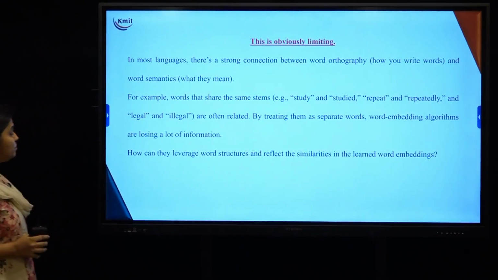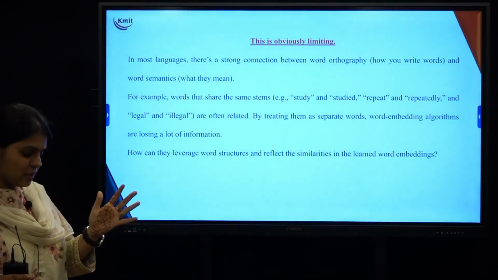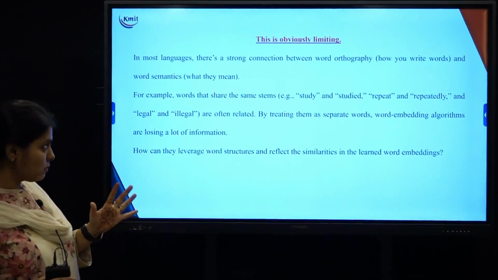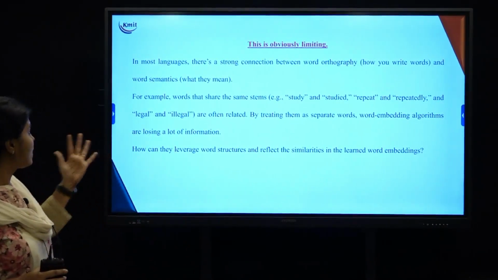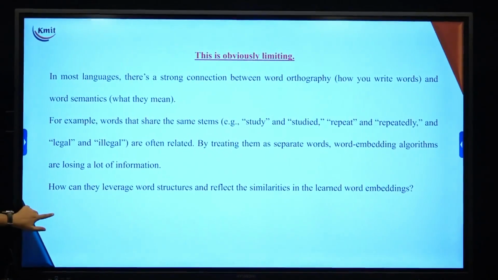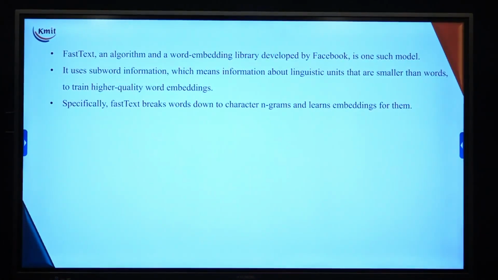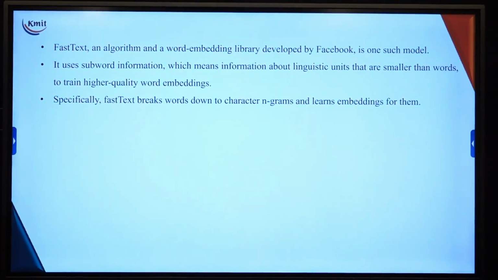Granny, gran, all those things are limitations of the existing models which can be overcome by fastText. Basically, fastText is an algorithm and a word embedding library developed by Facebook.